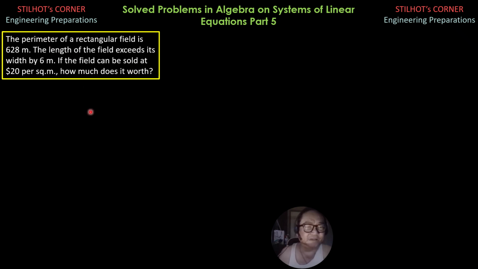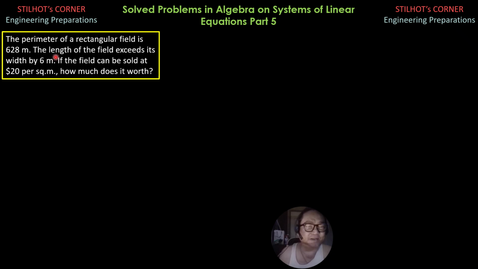So we will first determine the dimensions of the rectangular field. The perimeter is twice the quantity length plus width. The length of the field exceeds its width by 6 meters, so if we denote the width as W, then the length is W plus 6.